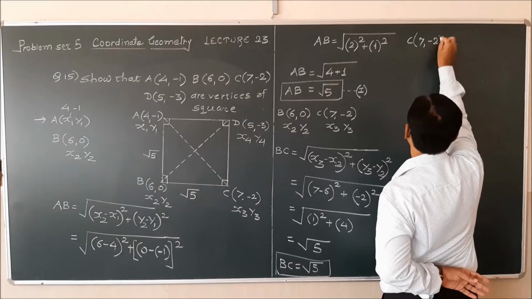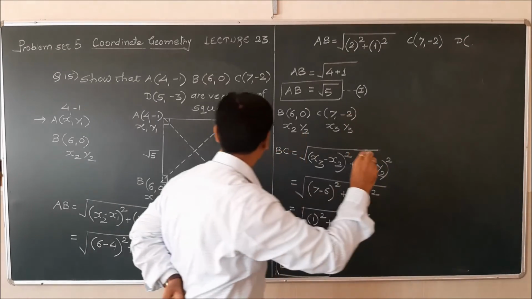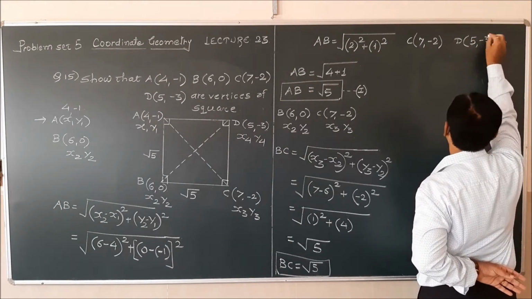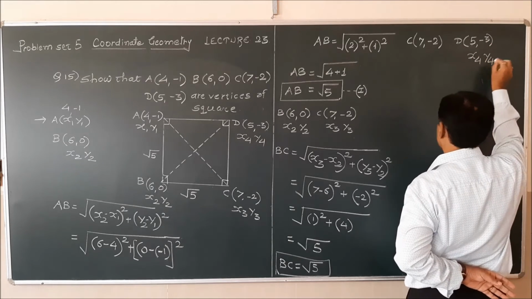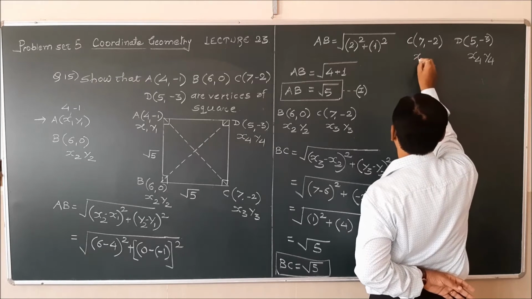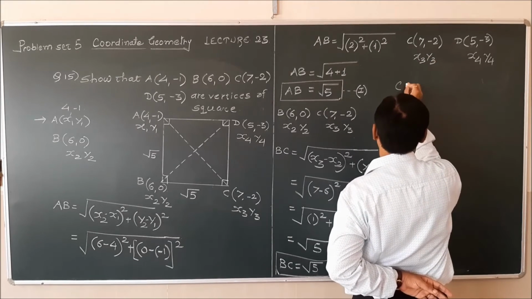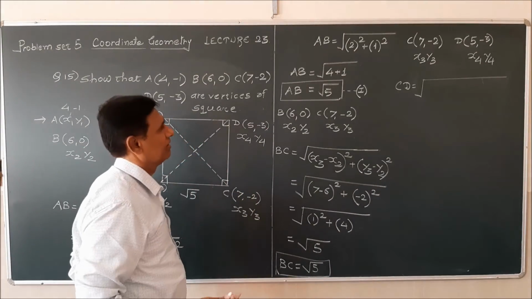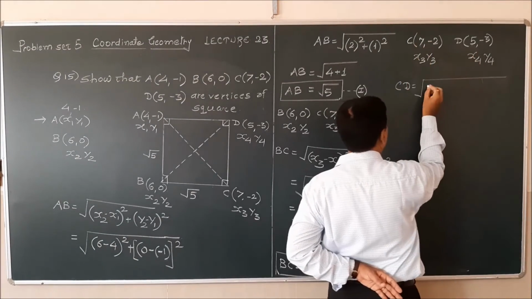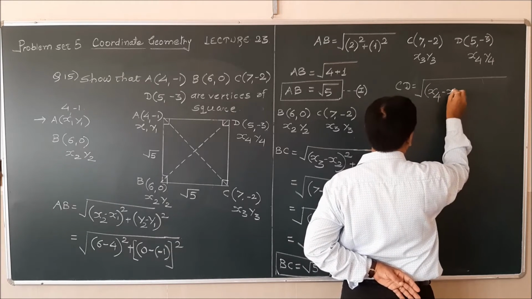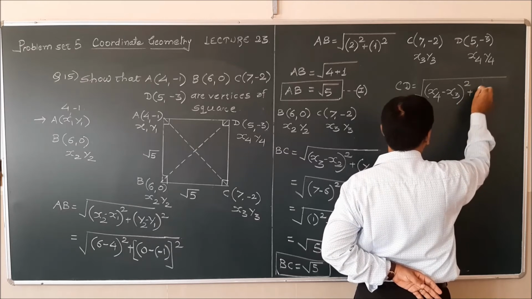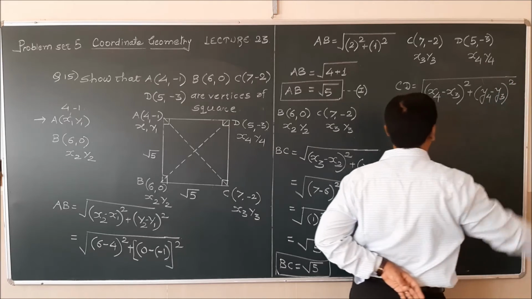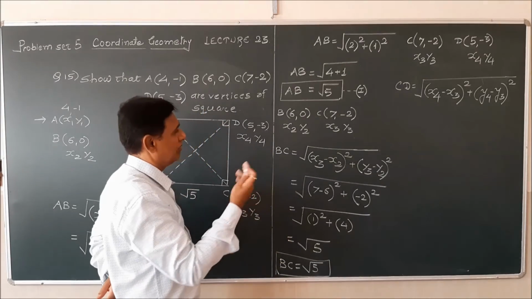Coordinates of D are 5 comma minus 3, x4 y4, and x3 y3. So CD is equal to root of, same way, x4 minus x3 the whole square plus y4 minus y3 the whole square.